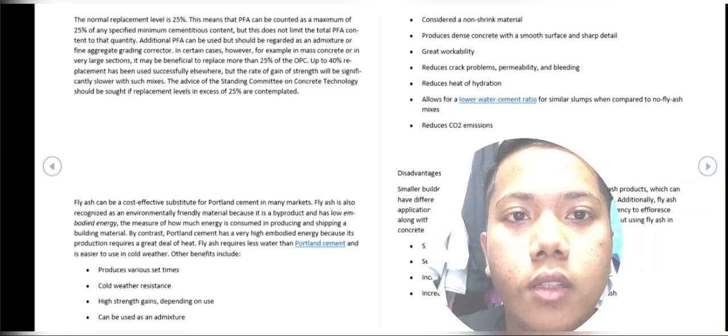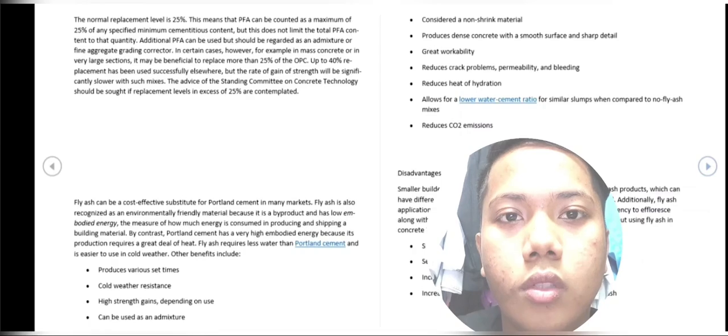Fly ash requires less water than Portland cement and is easier to use in cool weather.